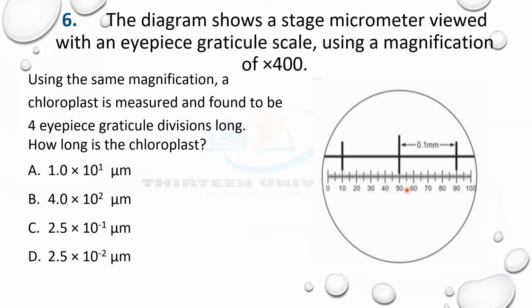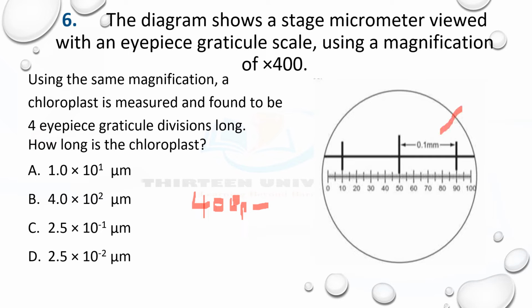So 40 eyepiece graticle units give us 0.1 millimeters. That is, 40 EP gives us 0.1 millimeter.